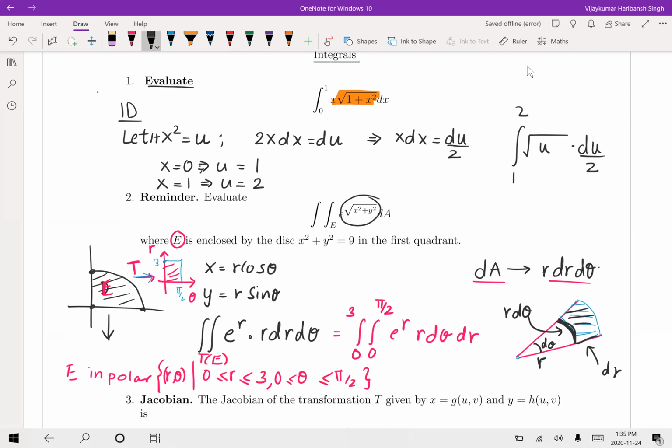When you multiply it out, you get dA equals r dr d theta.